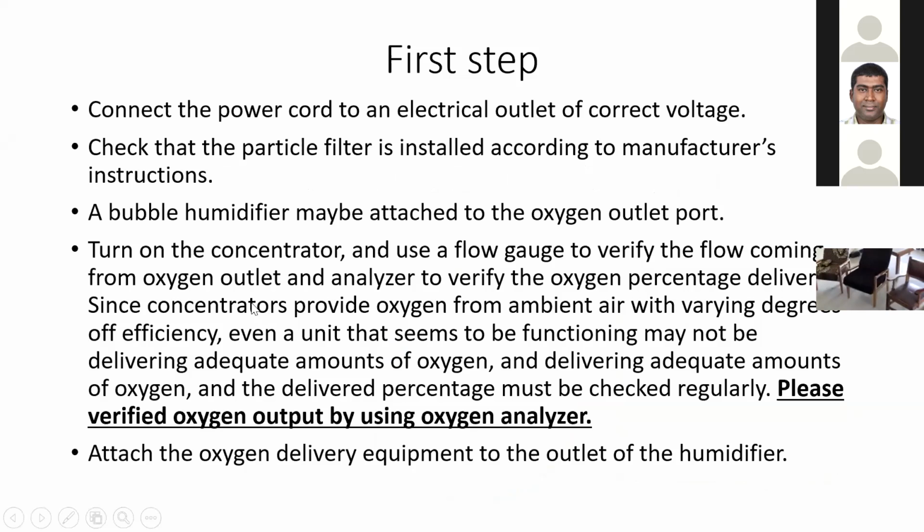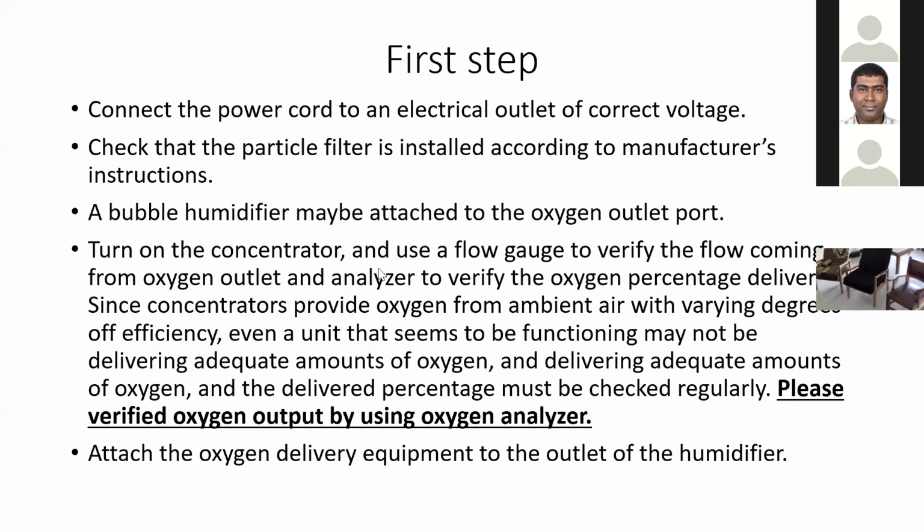When you turn on, you're going to hear a buzzer from the unit. Eventually the buzzer stops and the flow will go on. You have a flow meter; normally you adjust the flow meter and attach the humidifier.